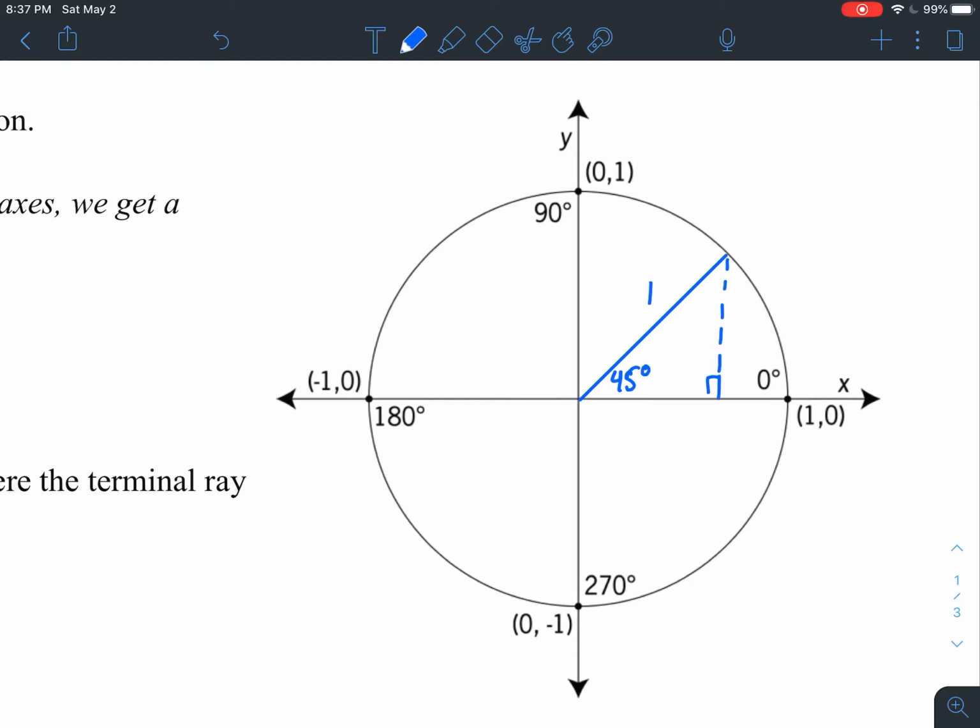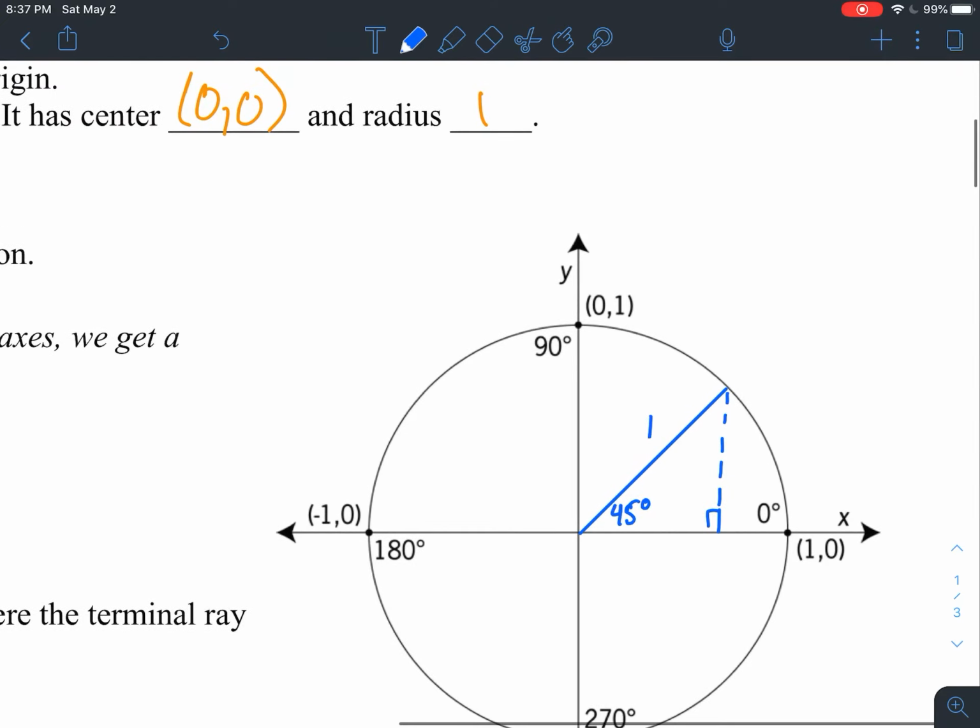Now, if you remember, for a 45, 45, 90, I'm going to do that scratch work over here. So in a 45, 45, 90, if we knew what our 2 sides were, then my hypotenuse was just x times the square root of 2.